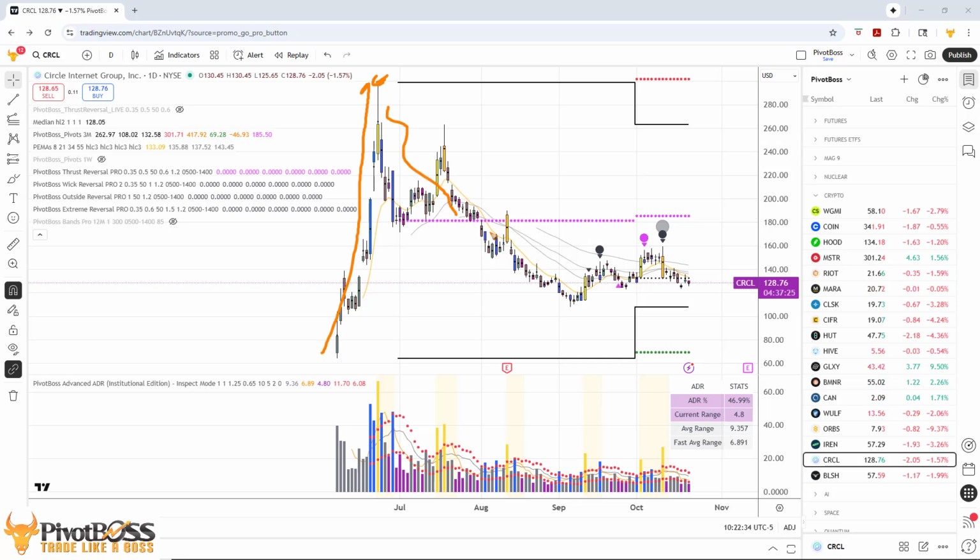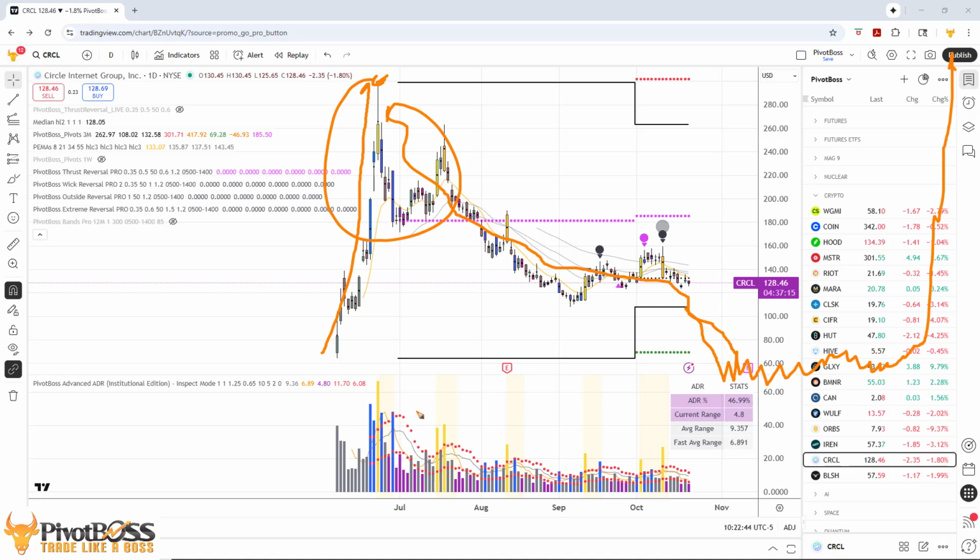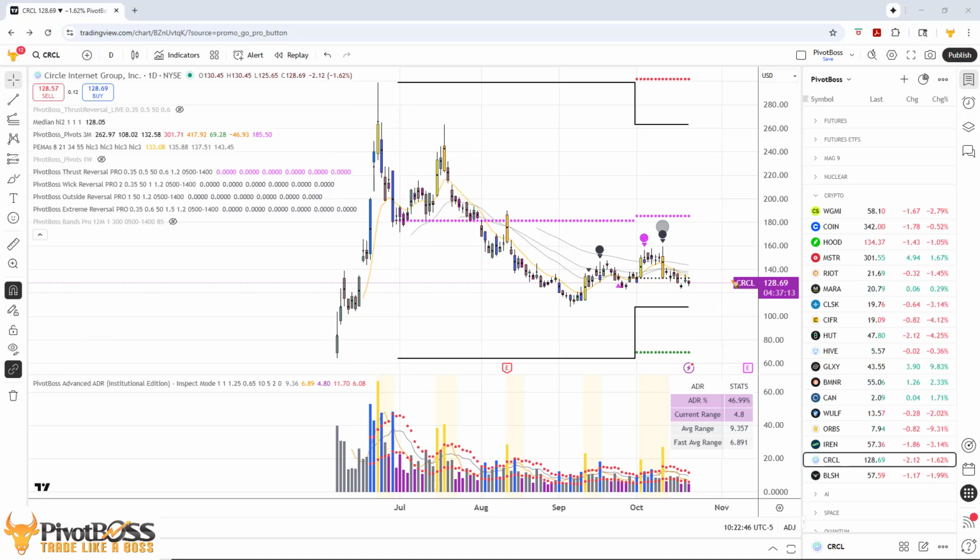So now you got to bring it all the way back and punish everyone that got in on the euphoria here, and then keep it down here for a while and then explode it again down the road. So again, like I mentioned before on this one, I would love a fresh entry opportunity in here, but would love to see it a little bit lower here, and just kind of force me to be in on something like that.